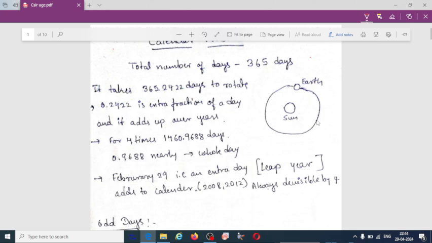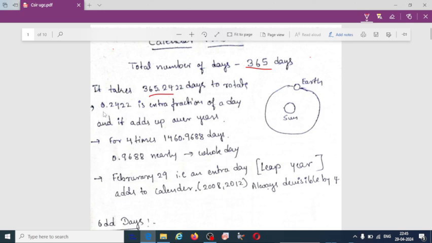For the earth to rotate around the sun completely, one rotation will take 365 days. That's why in 1 year we come across 365 days, but it is not exactly 365 days, it is going to take 365.2422.